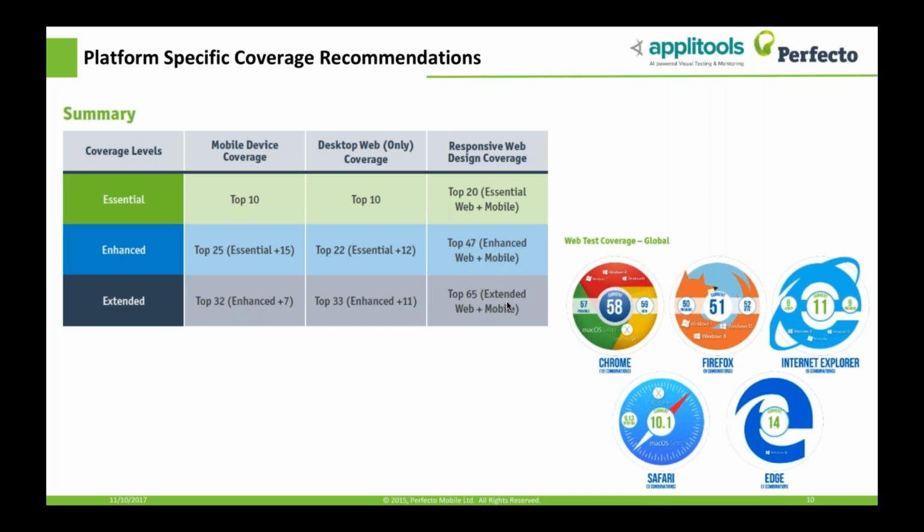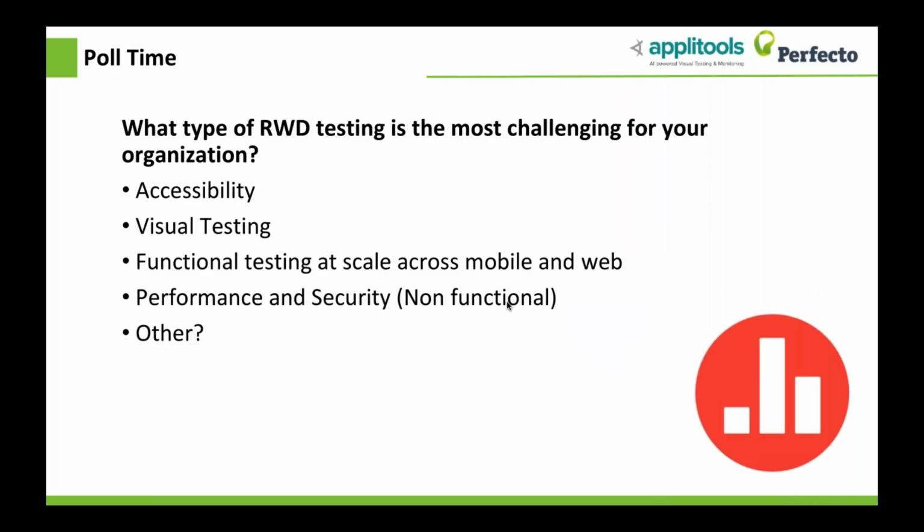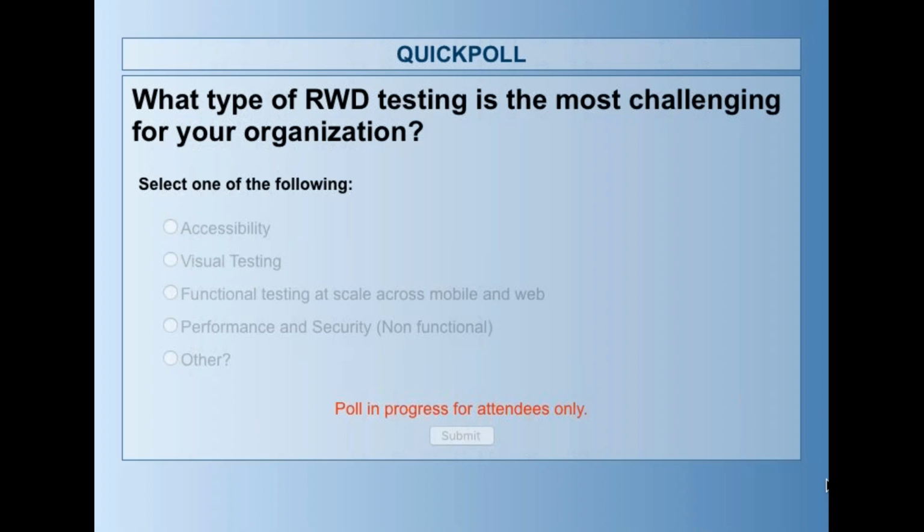So before drilling down into Uzi's session, let's run a short poll, because testing responsive web is not just about coverage, it's also about the different testing types that you want to make sure you are executing, starting from accessibility, that is becoming critically important, visual testing for responsive, how the layouts and the navigation look in different screen sizes and different screen orientations, doing functional testing, obviously, performance and security, and others.